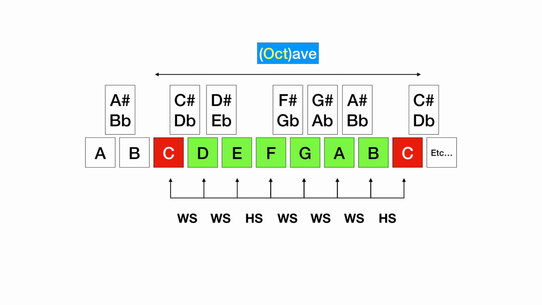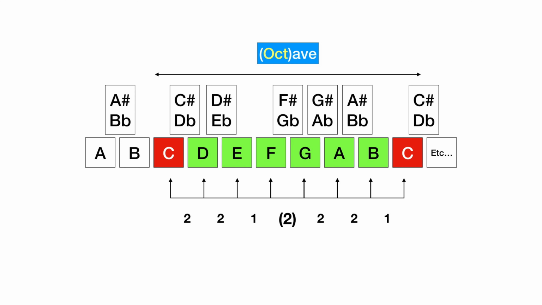If we map out the intervals between the notes of the C major scale octave, you find that it follows a clear pattern. 2 whole steps, followed by a half step, then another 3 whole steps, and finally a second half step before we get back to C. If we label this 2, 2, 1, 2, 2, 2, 1, you can see a repeating pattern.